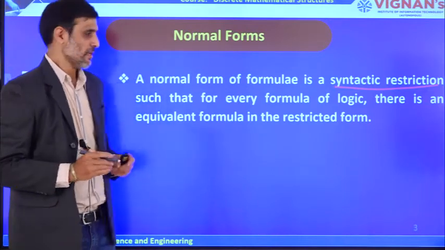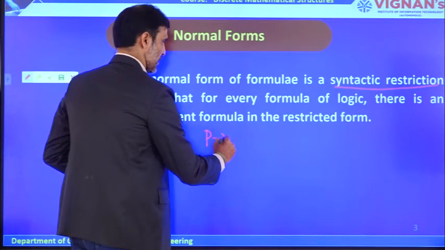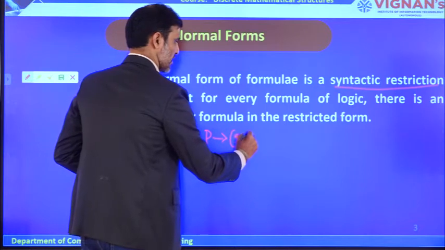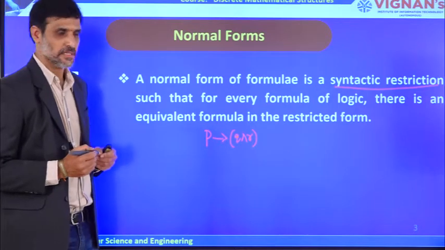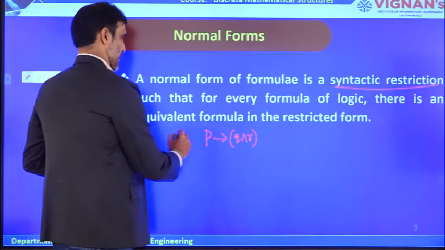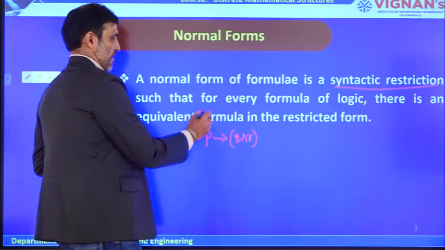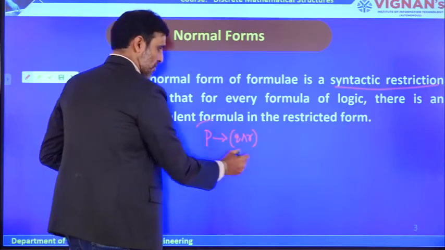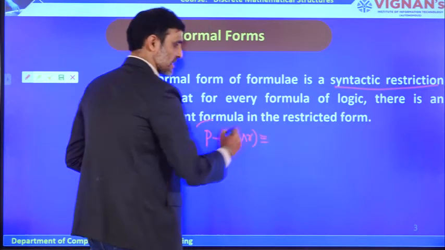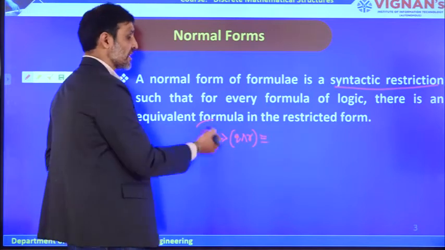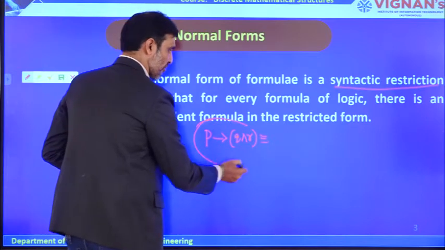That means whenever you take a compound proposition like P implies R, Q and R, a complex statement like this, then for every formula in propositional logic there is an equivalent restricted form. That means we can write it in another form.